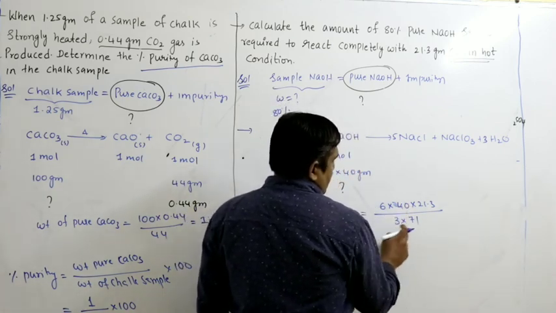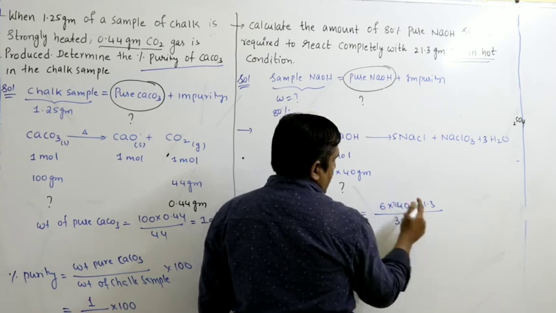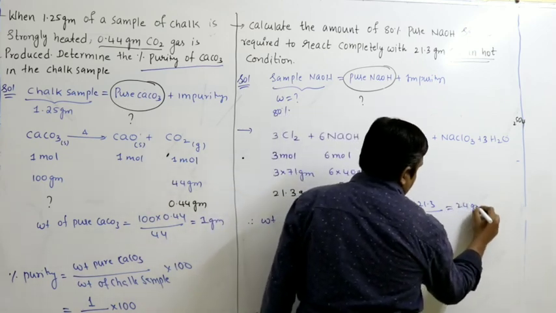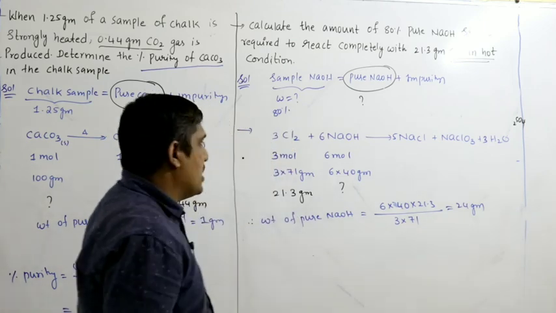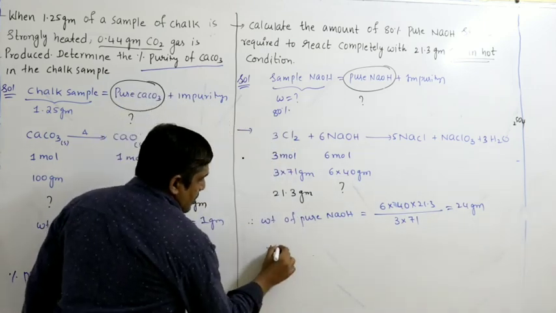So if I cancel the 3 and the 71, you will get 24 grams. So weight of pure NaOH is 24 grams.